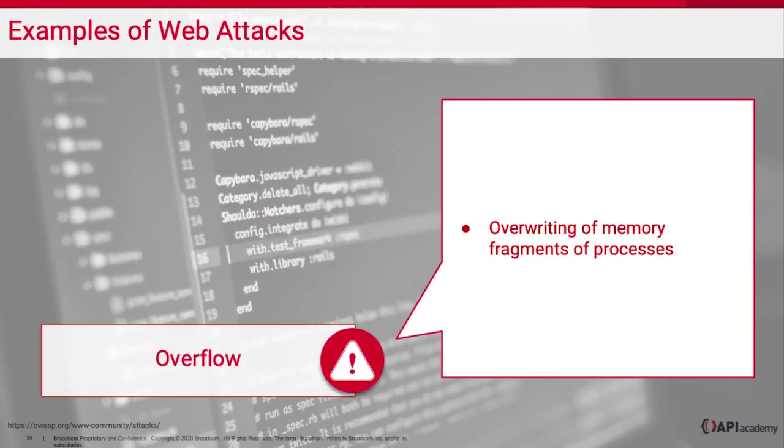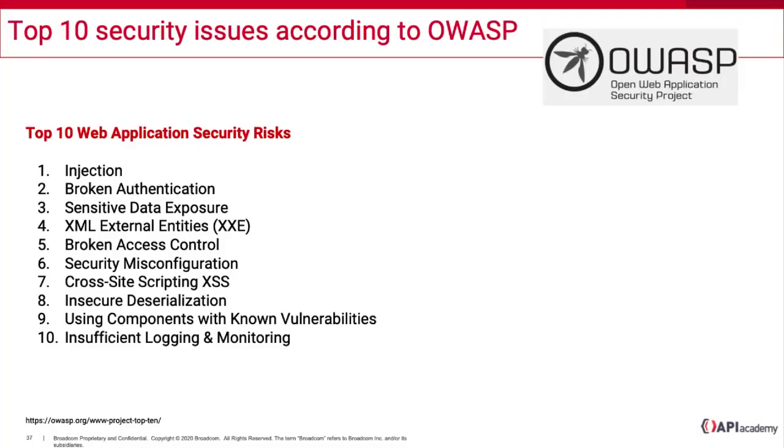Overflow errors are characterized by the overwriting of memory fragments of processes. Overwriting values of the IP and other registers causes exceptions, segmentation faults, and other errors. The above-mentioned examples can be found with more details at the OWASP website.